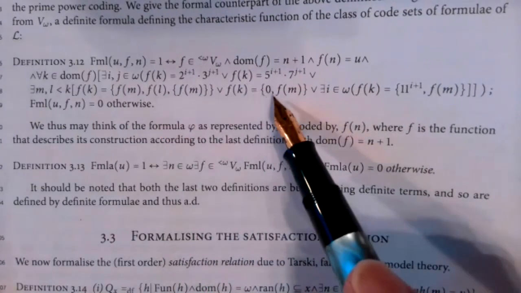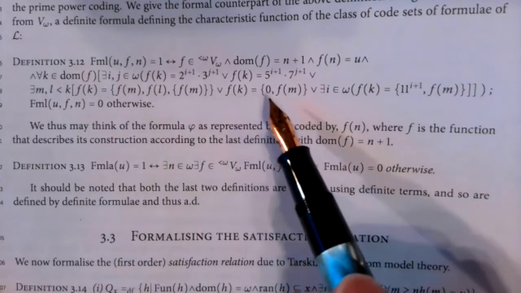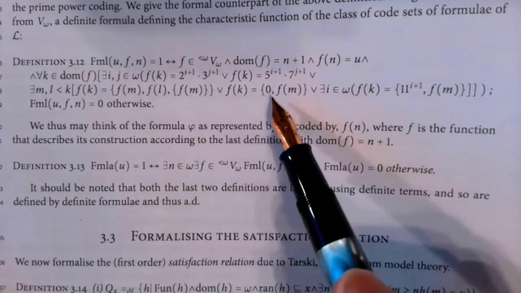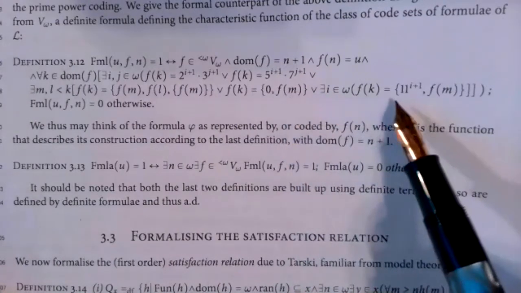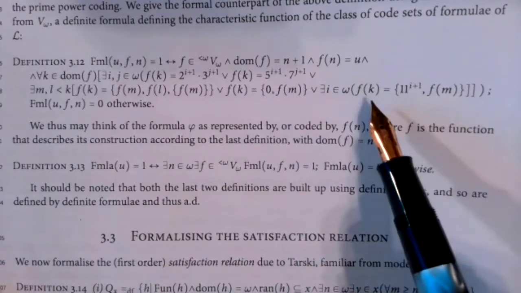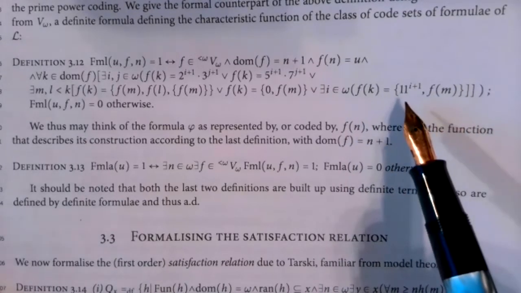Or we've got here a negation. F of k is the code of the negation of the formula coded by Fm. And here we've got the existential quantification. F of k is the code of the formula coded by Fm with an exists Vi in the front.